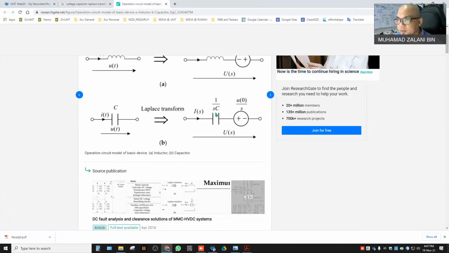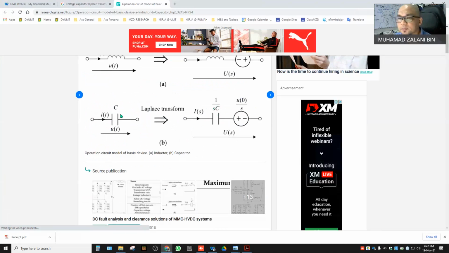If we transform the capacitor, here we have the voltage across the capacitor, the current, and the capacitance C, and the Laplace transform form for the capacitor is 1 over SC.